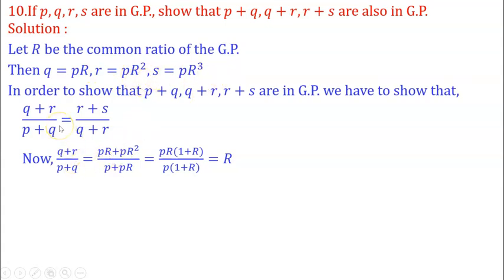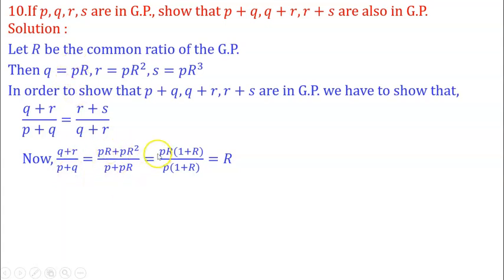Now substitute here the values of q, r and s. See this here, q plus r upon p plus q. If we substitute the value of q as pR and r as pR square, and to the denominator p as it is plus q, and the value of q is pR.